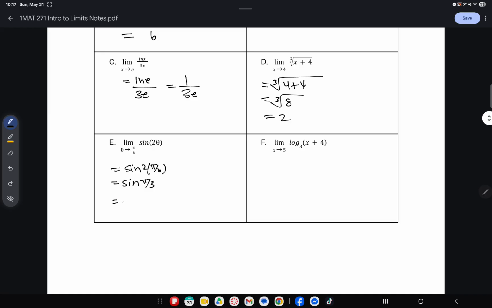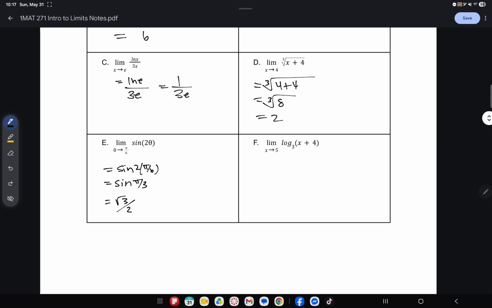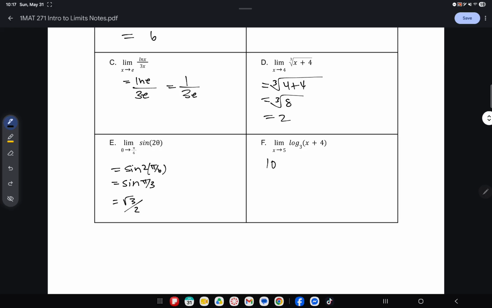And sine of pi over 3 is root 3 over 2. We can sub in 5, so log base 3 of 5 plus 4 gives log base 3 of 9. And with log functions, remember the answer is the exponent, so 3 to what power gives 9? So 2.